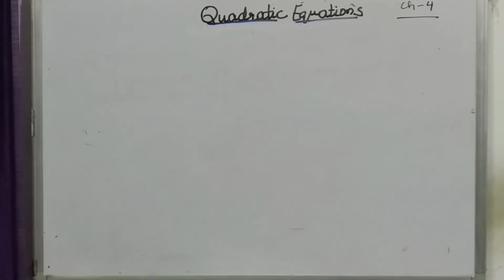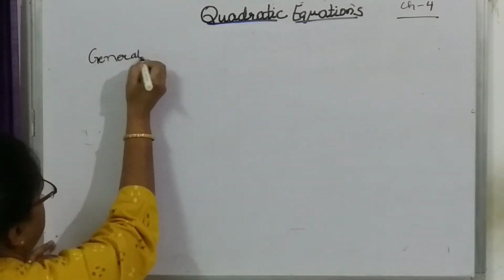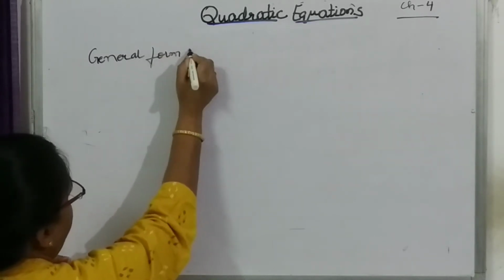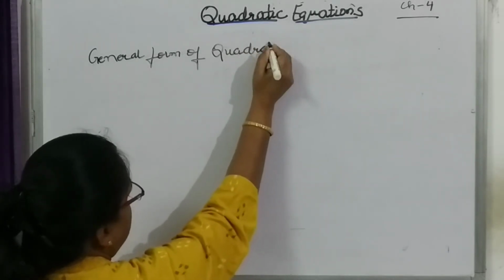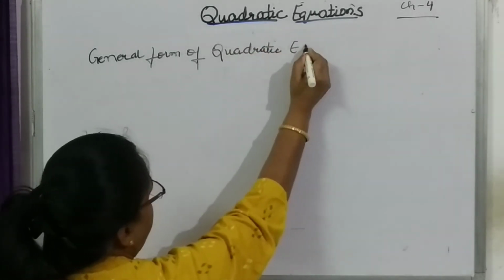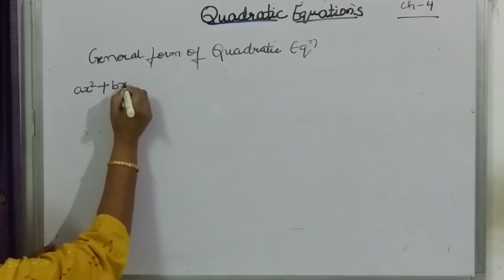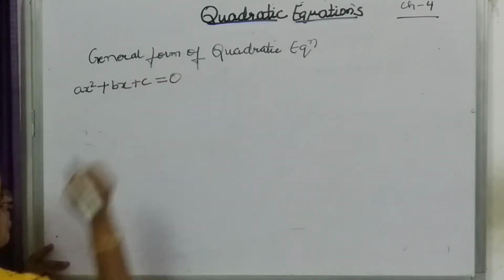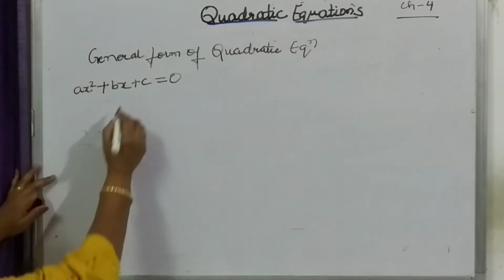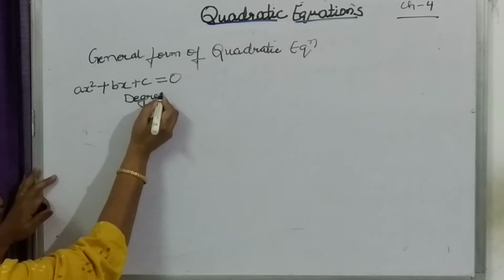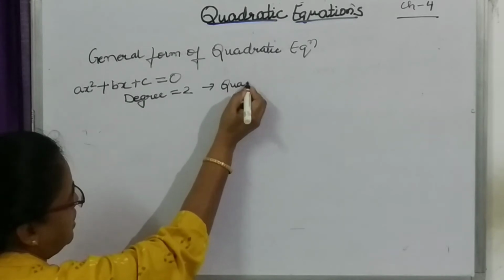Now we have done this, that the general form of a quadratic equation is ax square plus bx plus c is equal to 0. I've told you this, right? And because the degree of this equation is 2, that is why it is known as a quadratic equation.